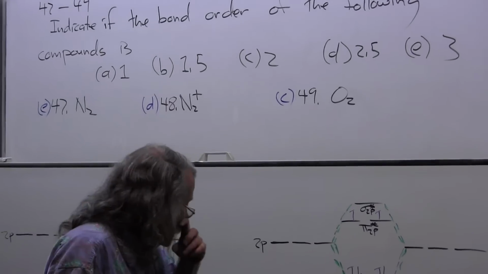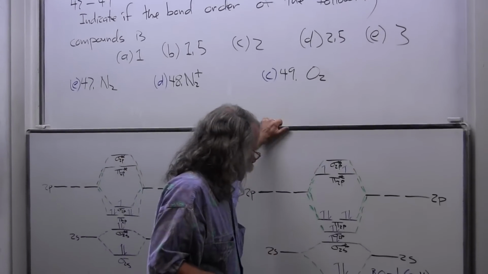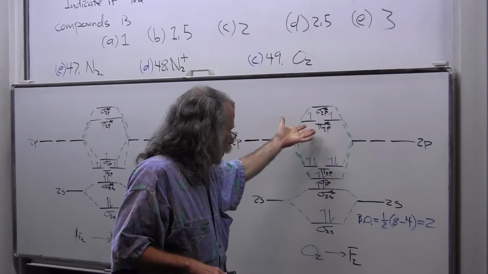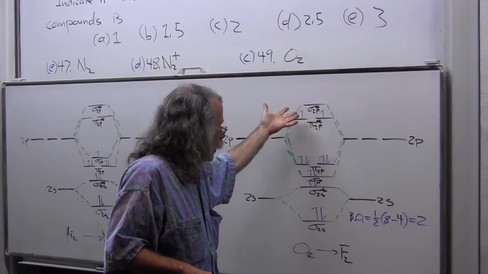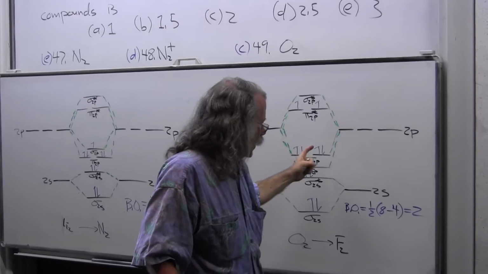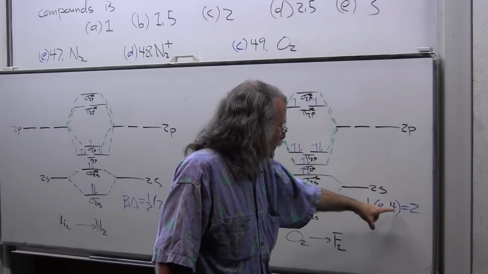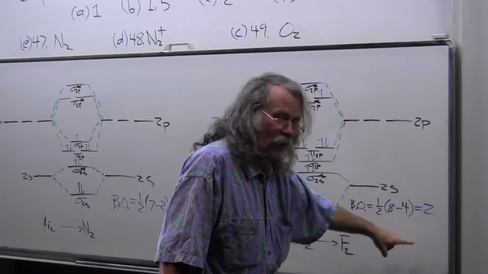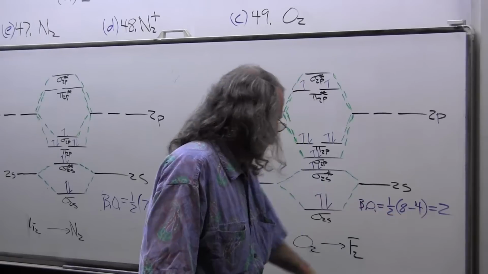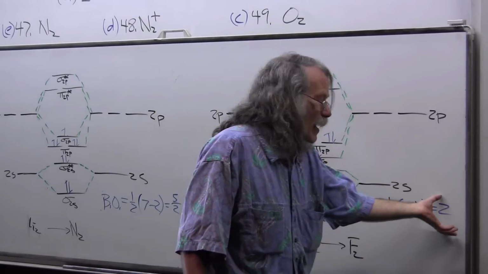What would happen if I were to remove one of these electrons? I'd be removing an antibonding electron, so I would have 8 minus 3, which would be 5/2, which in this case is greater than 2.